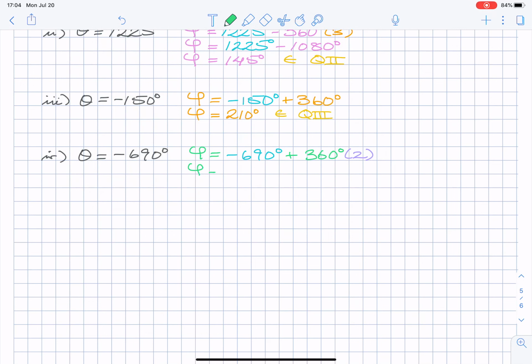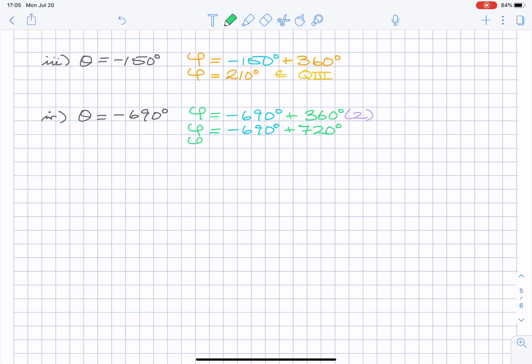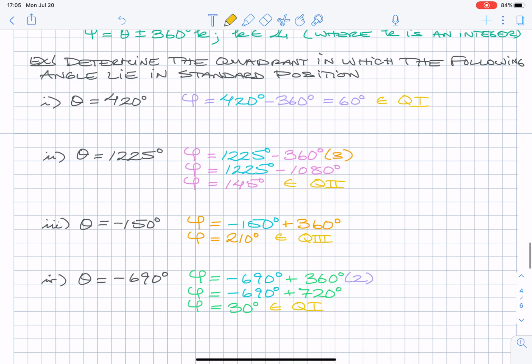So phi is equal to negative 690 plus 720. So what's 720 minus 690? Well, that's 30 degrees, right? Well, 30 degrees is in quadrant 1. Notice phi, 30 degrees, is not the same as negative 690, but they have the same terminal side.